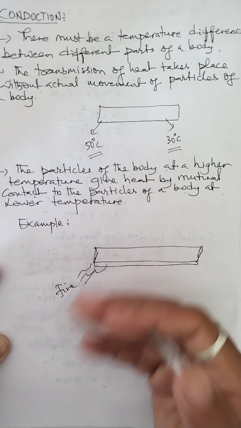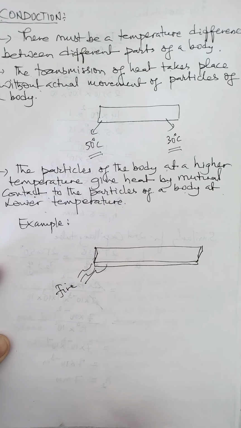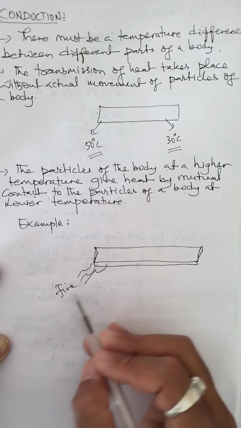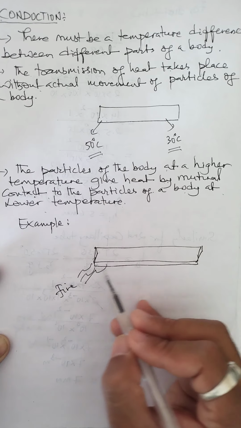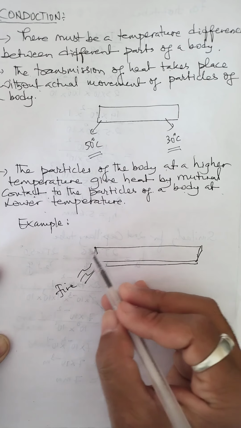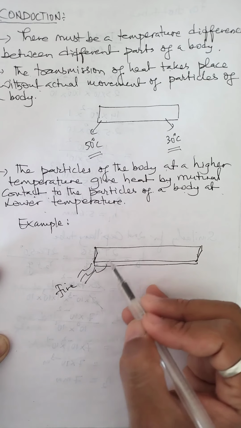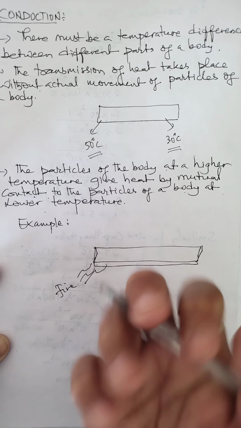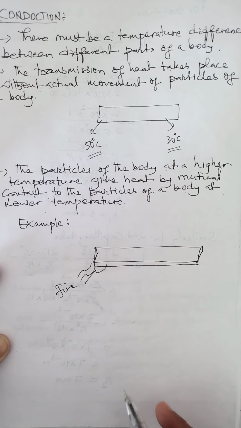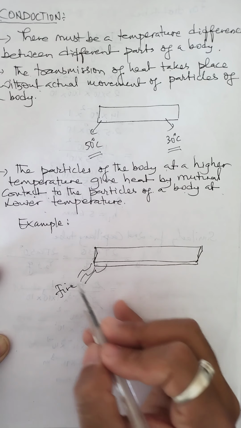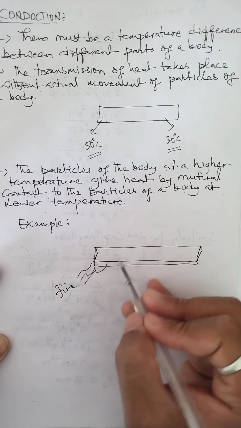That means you are giving fire to this end of the metallic bar, so definitely this end becomes hot. It means the particles of this end gain or absorb the heat energy supplied to this end. So definitely the temperature of this end becomes higher.